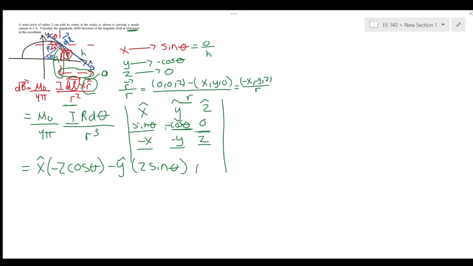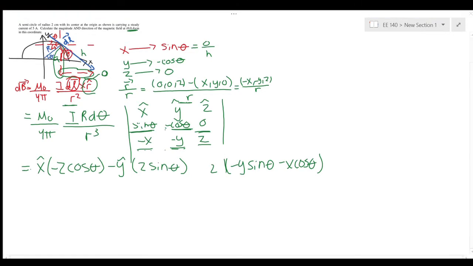And then we have plus z hat negative y sine theta minus x cosine theta, because we have sine theta times negative y, and then negative x times negative cosine theta. It's positive x cosine theta, but then we subtract it here, because that's how you solve for the determinant.